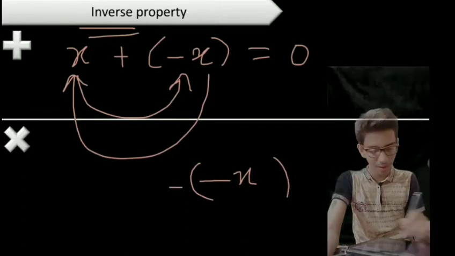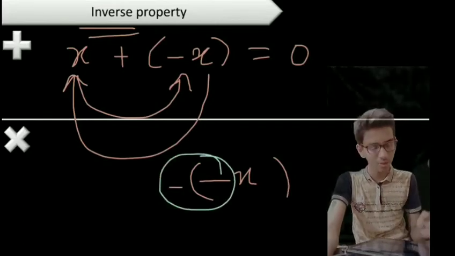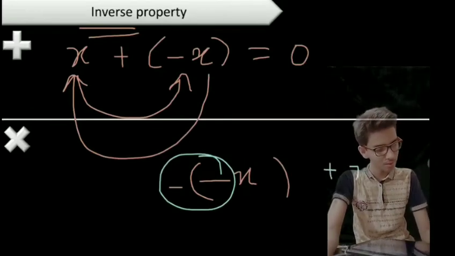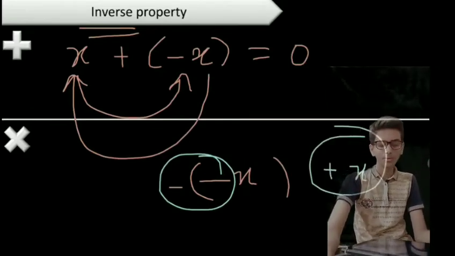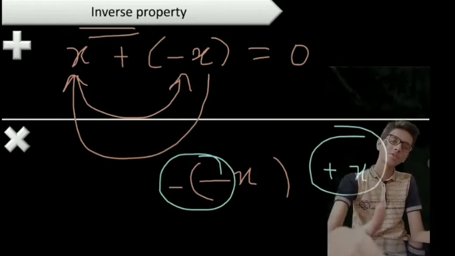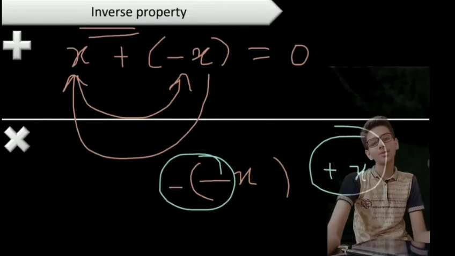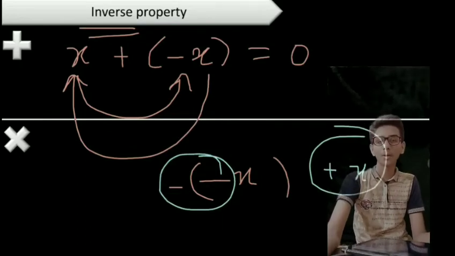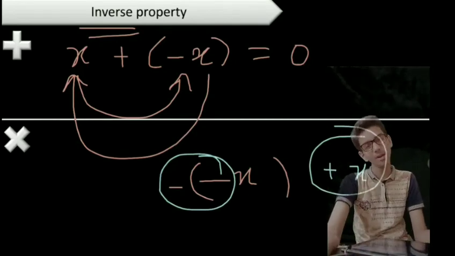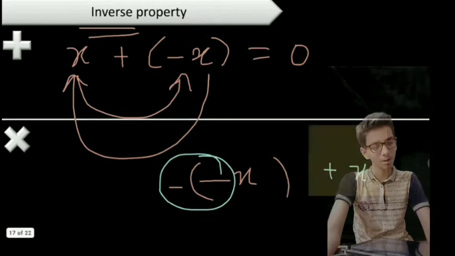You are going to write minus 1 over here, and these two minuses are going to multiply. Minus times minus gives you plus. Similarly, if you take 2 by 3, the additive inverse of 2 by 3 is minus 2 by 3, and the additive inverse of minus 2 by 3 is 2 by 3. Correct? Fine? Yeah. So let's not remove everything.